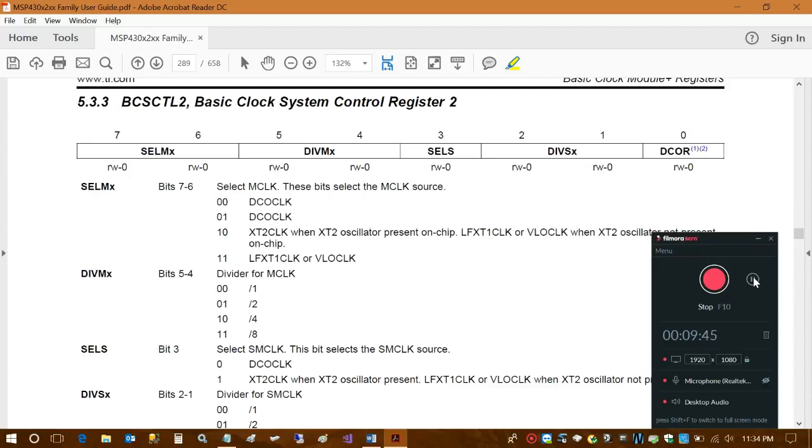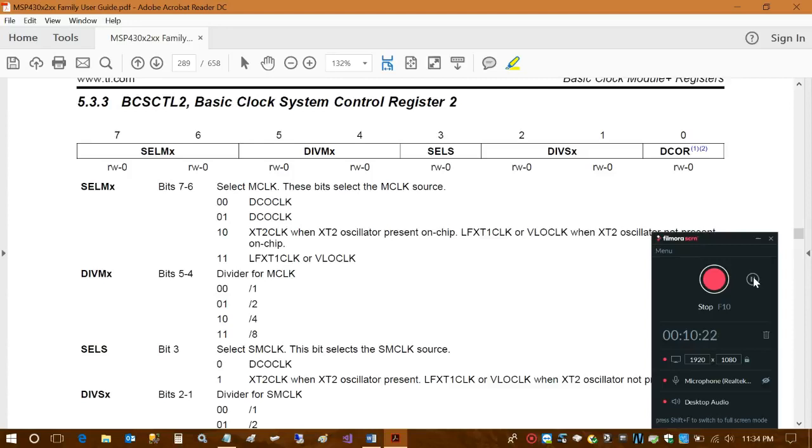So the SMCLK can be clocked from DCOCLK if we put this as 00 or 01, and if it is 10, that is 2, the SMCLK will be clocked by XT2, and if it is 3, then SMCLK will be clocked by LFXT1CLK or VLOCLK, that is very low clock, as I told you in my last video, that is the RC controlled oscillator, sorry.